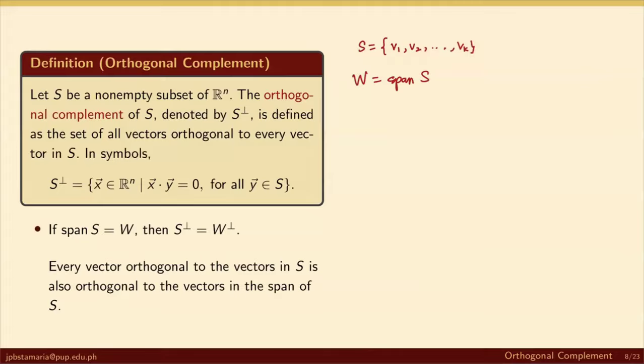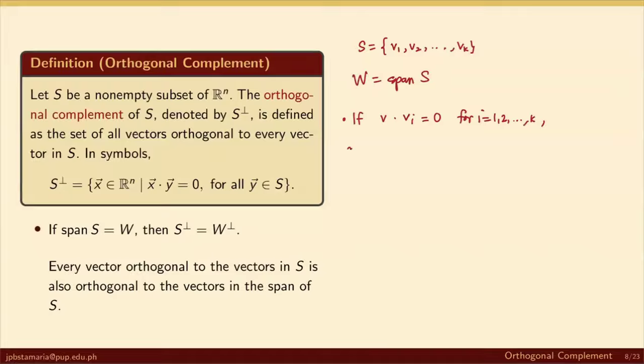If a certain vector v is orthogonal to every vector in S, meaning v dot vi is 0 for i from 1 to k, we're going to show that this vector v is orthogonal to every vector in this span.